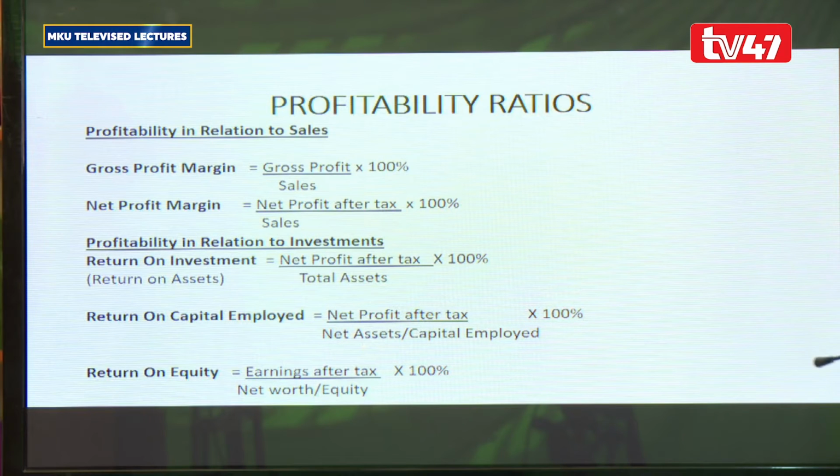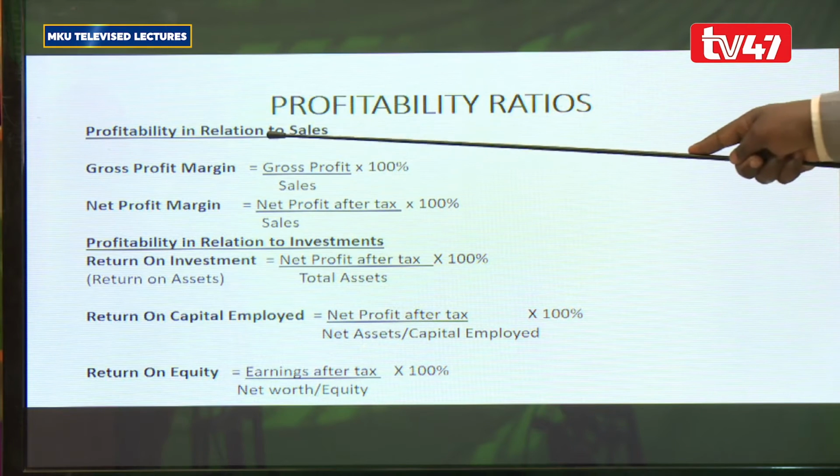Although it is not always true that the more the sales, the more the profit. Probably the margin is quite small. Or you cannot even say the more the capital invested in a farm, the more the profit you are likely to make in that farm. So that is the essence of having the profitability ratios.